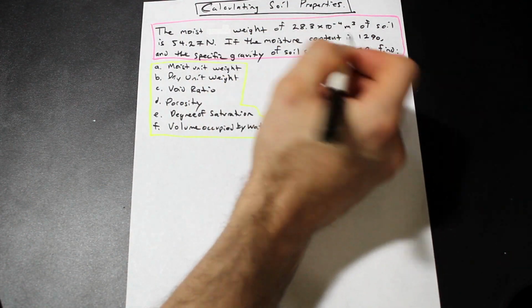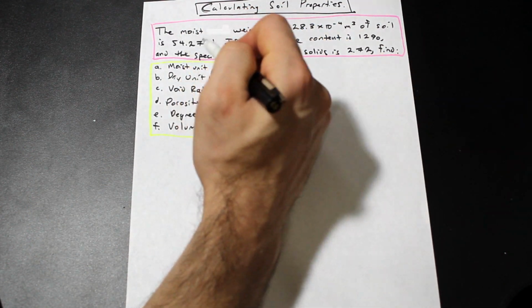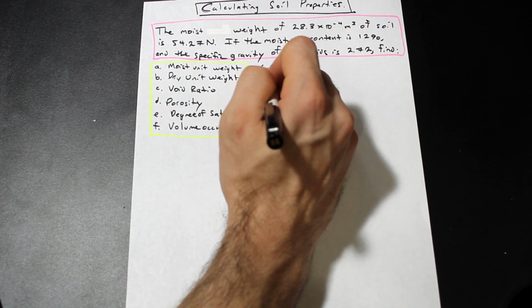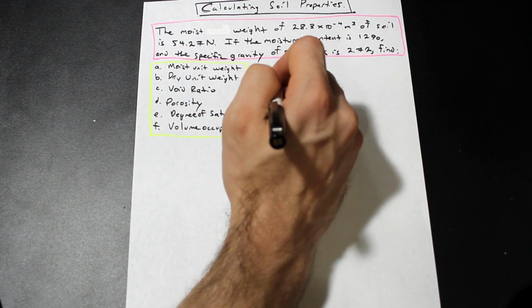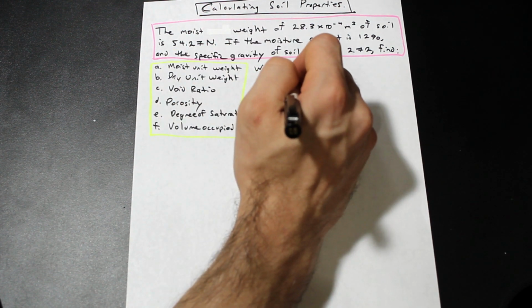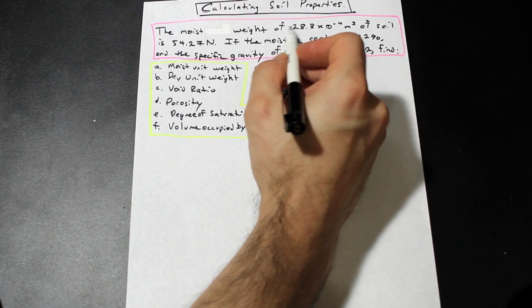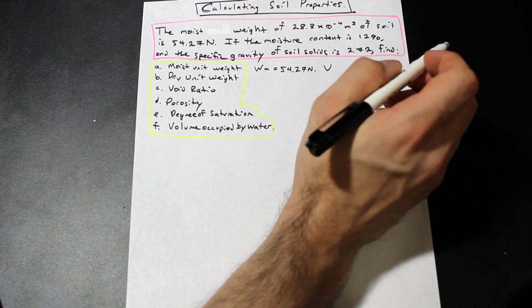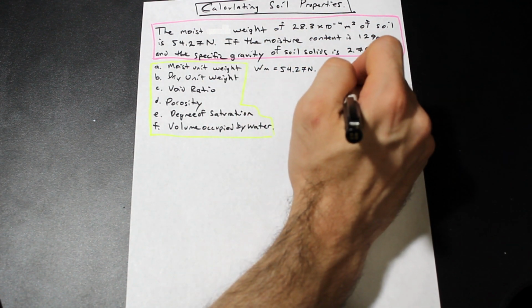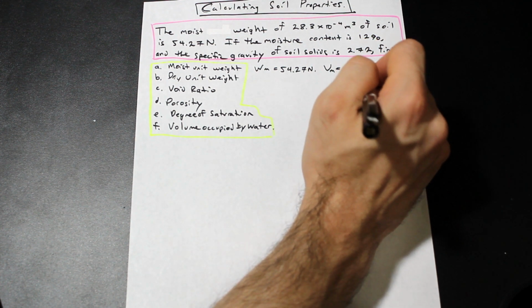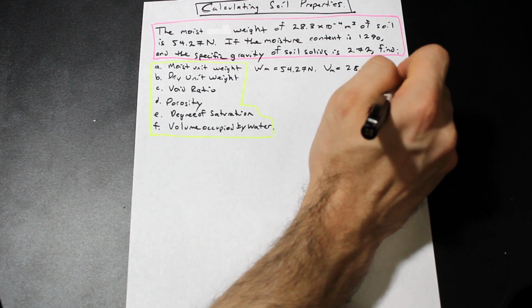First, we need to start by labeling what it is that we have. We have the moist weight of the soil. We're going to say weight moist, and that's equal to 54.27 newtons. What else do we have? Well, we have the volume of the soil, and that is the moist volume. We'll just write M there: 28.3 times 10 to the negative 4 meters cubed.